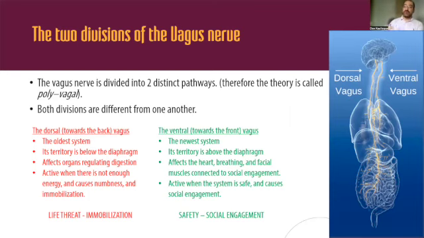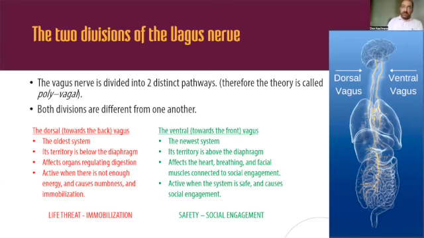Its territory is below our diaphragm, and it affects organs regulating digestion. It's active when there is not enough energy. If this is the main component taking charge of the whole autonomic system, it causes us to be completely numb and immobilized, and it comes into play when the threat is too much for us to handle.